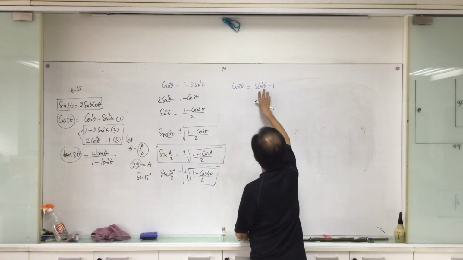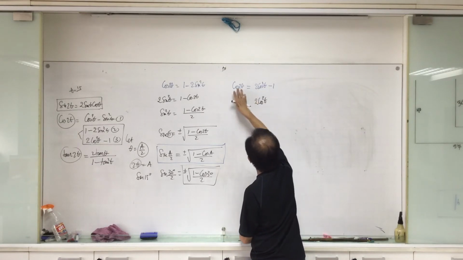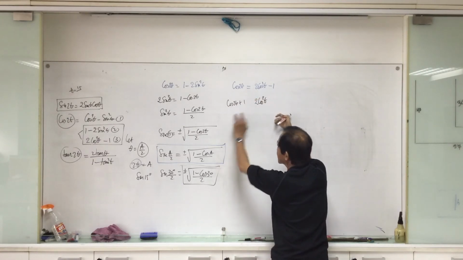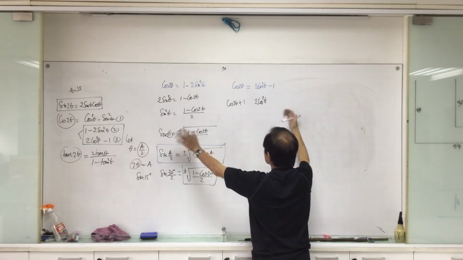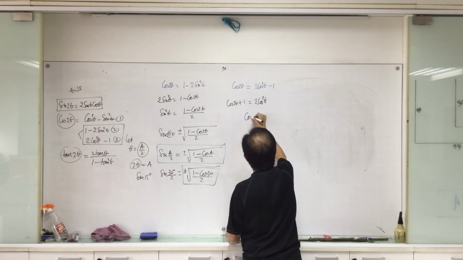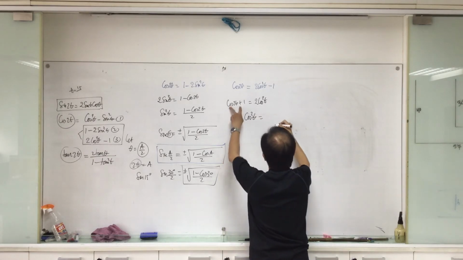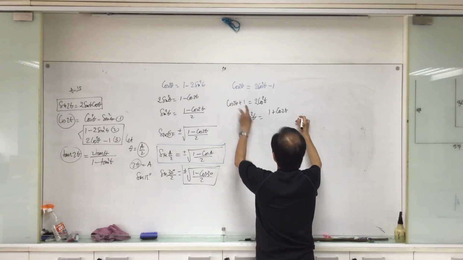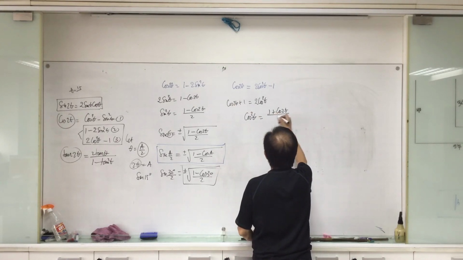Okay. Now the next one here, we solve for cosine squared. 2 cosine squared theta equals this one plus 1, right? Equals cosine 2 theta plus 1. Now I rearrange it to look like this to make sure we remember better. So you have cosine squared theta equals (1 plus cosine 2 theta), then you divide by 2.